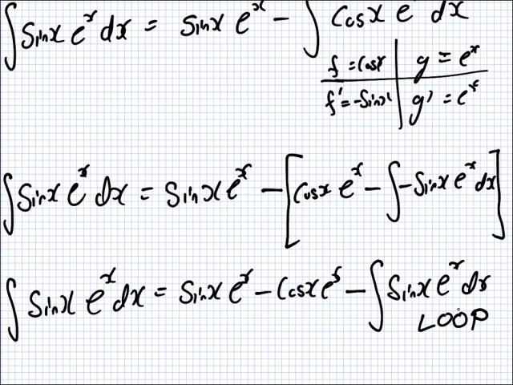Anybody see how to break out of this loop? e^x is not allowed to be taken out of this because it's not constant. Hang on, okay, I'll give you 3 sips of coffee.